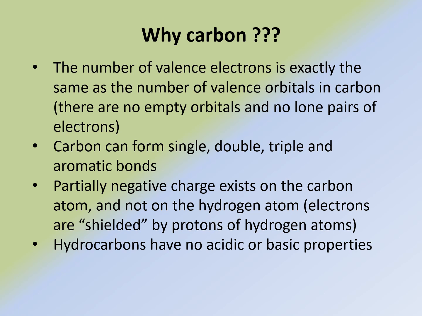And electrons in them are shielded by protons of hydrogen atoms. And coming closer and closer to inorganic chemistry, hydrocarbons have no acidic or basic properties. So once again, they are very stable. That's why nature has chosen them, and not silicon.